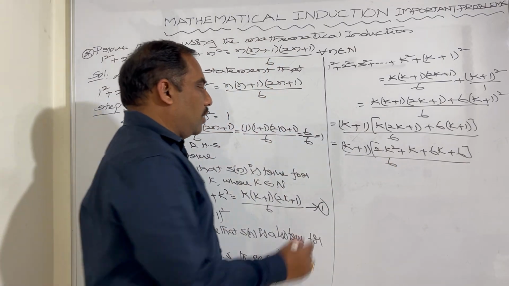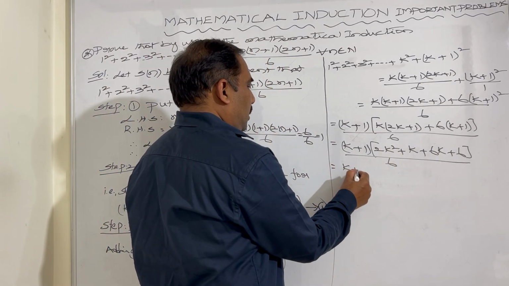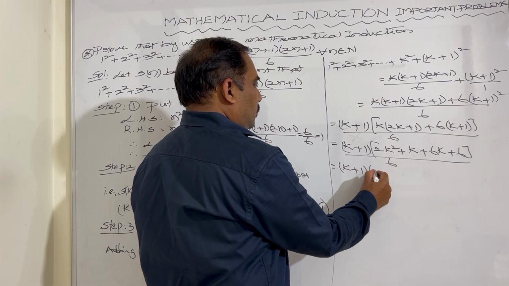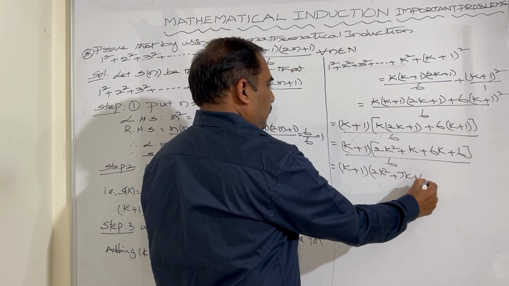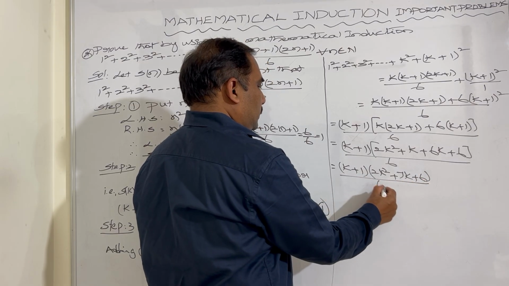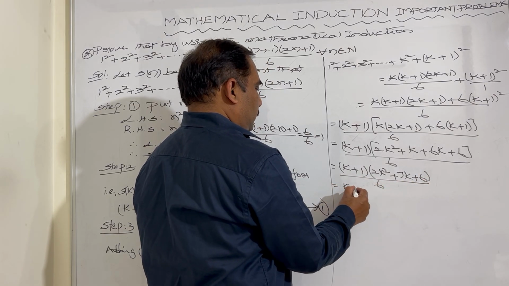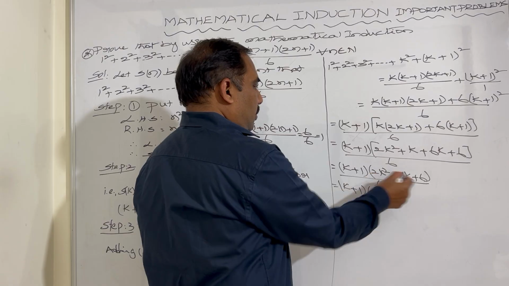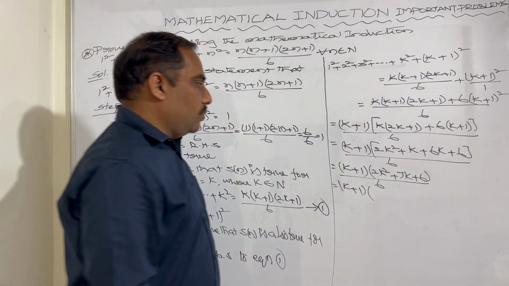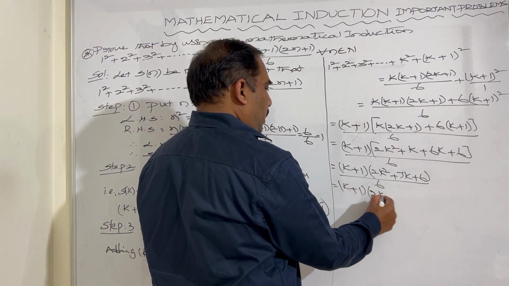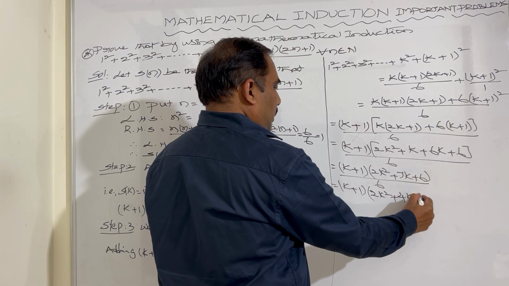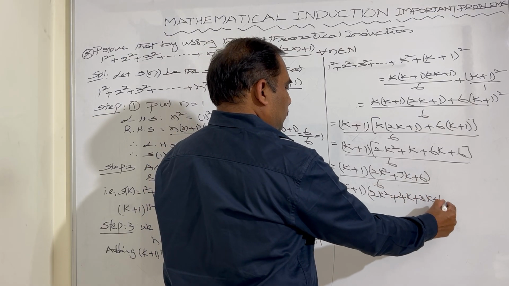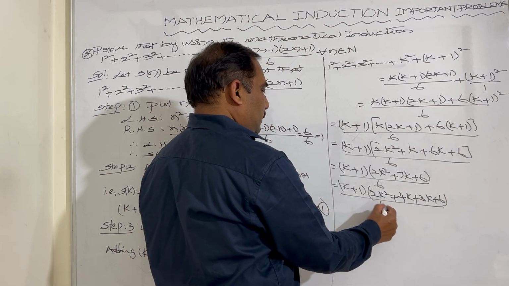So now we get k plus 1 into 2k square plus 7k plus 6, whole divided by 6, which is equal to k plus 1 into, when you factorize this, 2k square plus 4k plus 3k plus 6, whole divided by 6.